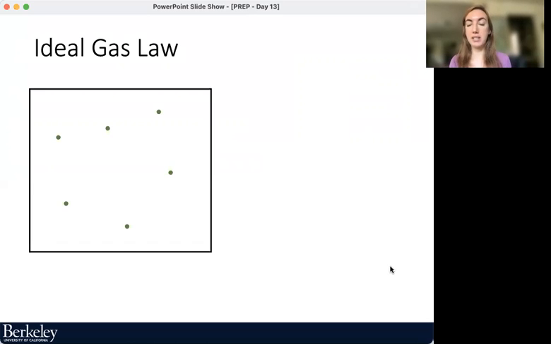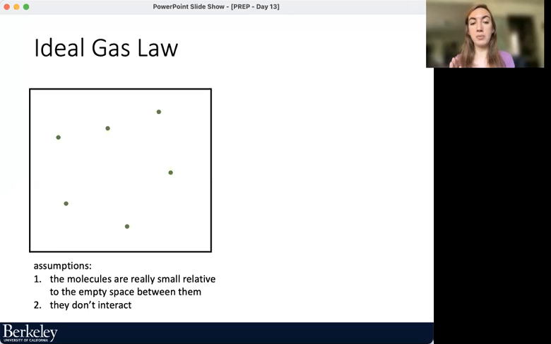So you might have seen the ideal gas law at some point in high school, but I think it's really important to focus on the ideal part of this. The ideal gas law doesn't always apply. We assume that the molecules are really small relative to the empty space between them, and also that they don't interact.